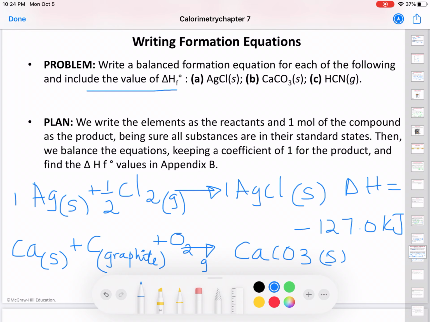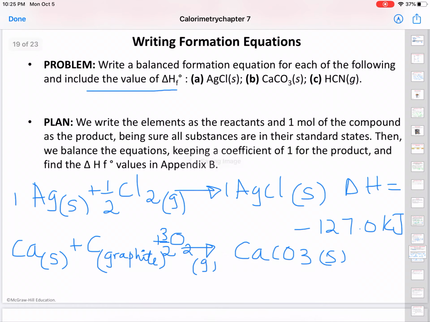How does oxygen exist? As a gas. Now calcium, carbon, oxygen, and we also need to make sure that they are stoichiometrically balanced. One calcium, one carbon, but there are three oxygens. How do we make it three oxygens? You put 3 over 2 at the front. That will give you 3 oxygens. Okay, you have to specify their states: calcium solid, carbon graphite, oxygen gas, and then the proper number of moles.